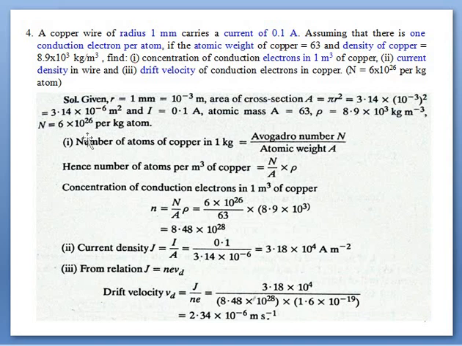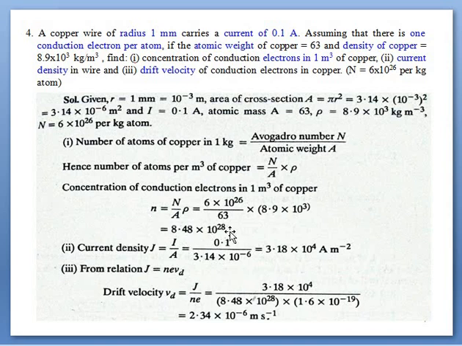By substituting the values of N, A 63, and rho, which is also given, we have small n. Actually we first determine the atoms per meter cube. Since an atom releases an electron, the same number of electrons will be in per meter cube, meaning the concentration.